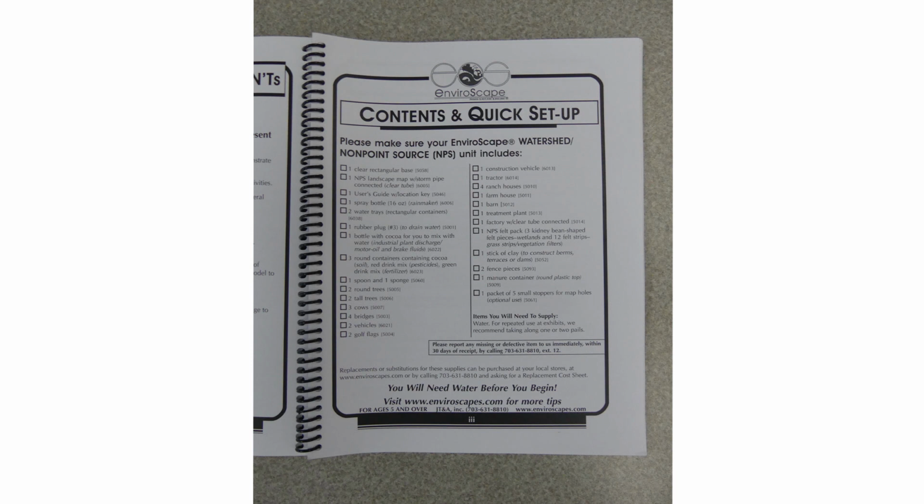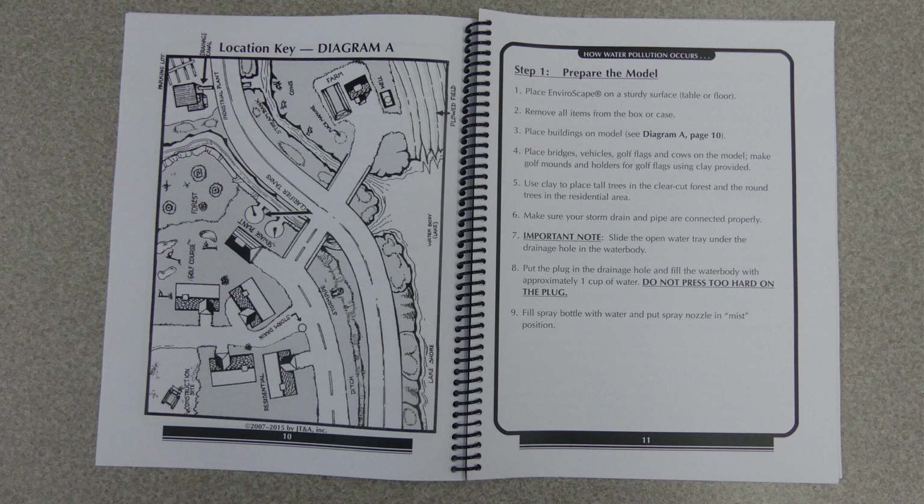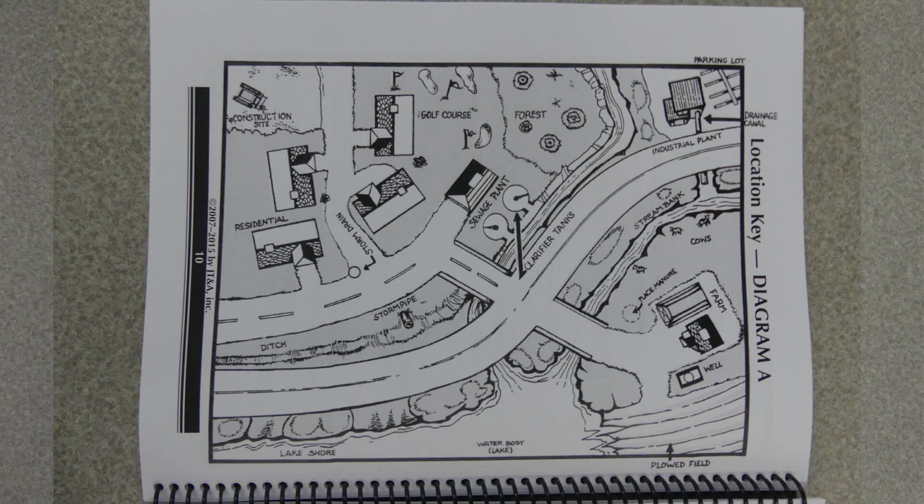And then if you go to diagram A on page 10, you'll be able to see how to set the model up. And obviously you can make any changes to the model you want, whatever serves your purpose best, but that's the general way to set the model up, and it works pretty well.